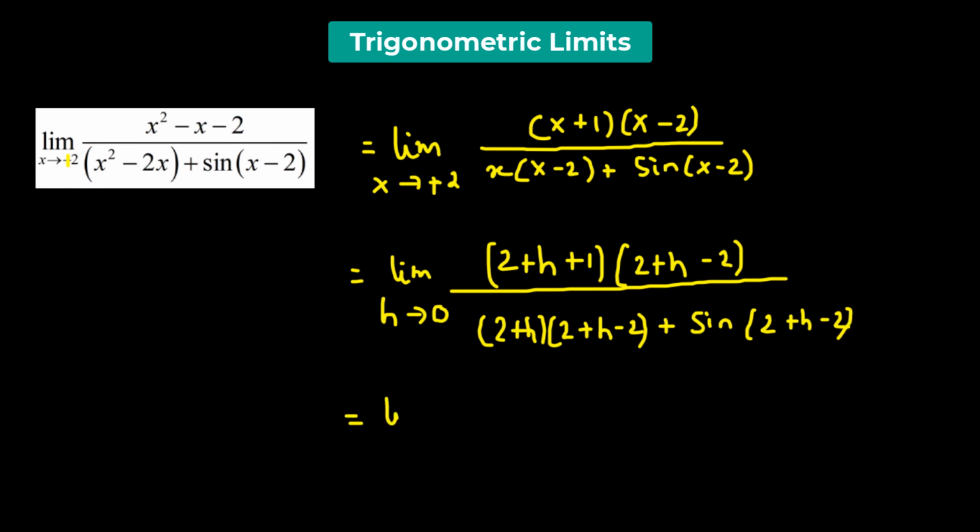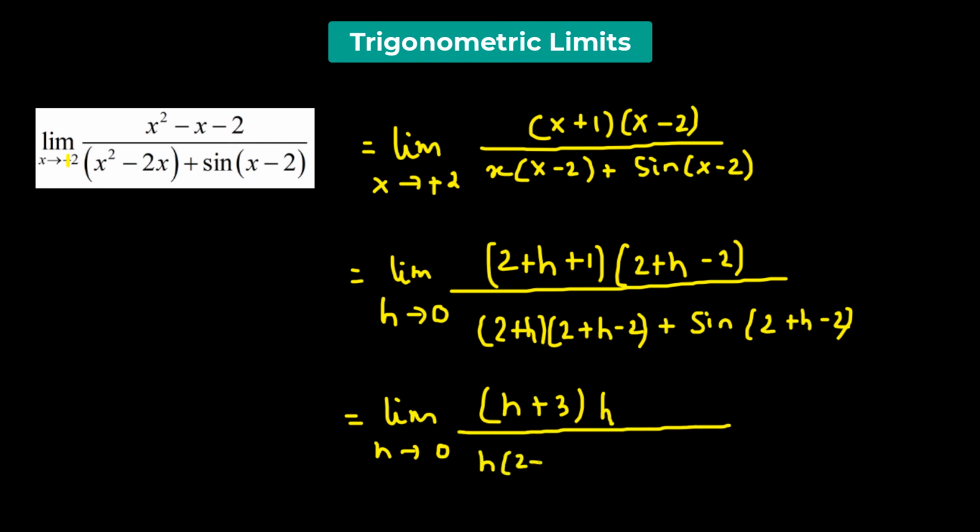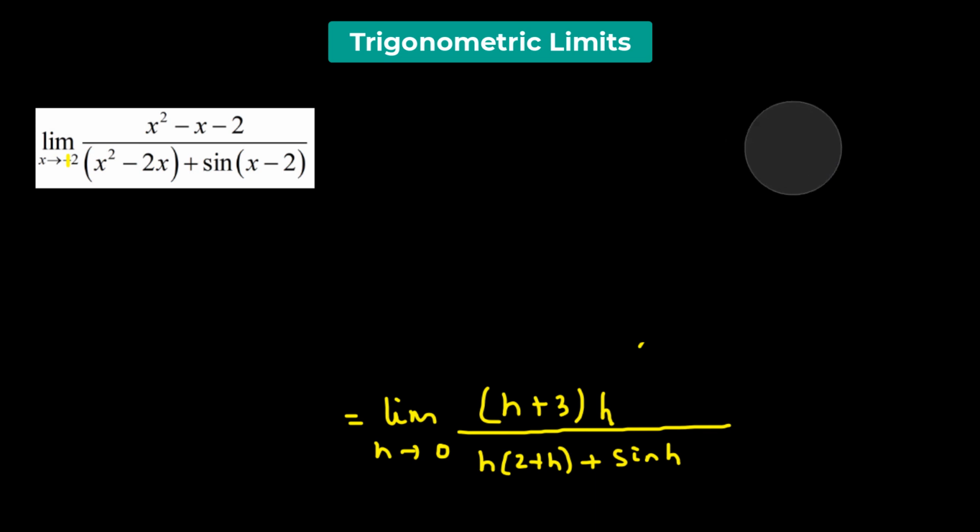So this becomes limit h tending to 0, h plus 3 times h in the numerator divided by h times 2 plus h plus sine of h. So this is what we get. Now we're going to divide the numerator and the denominator by h.